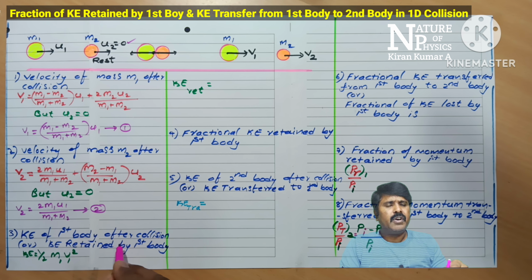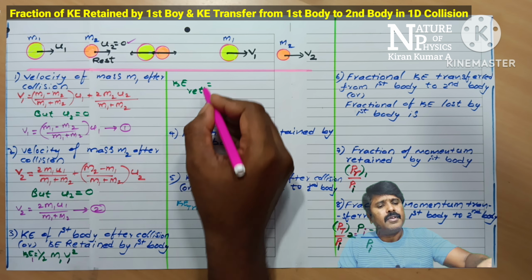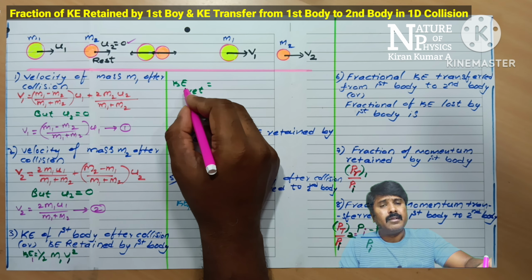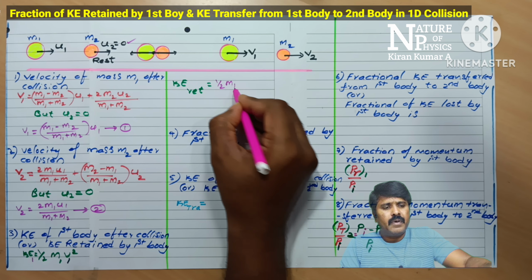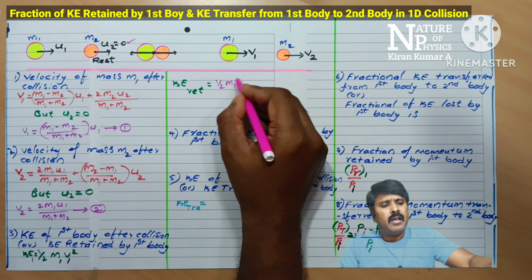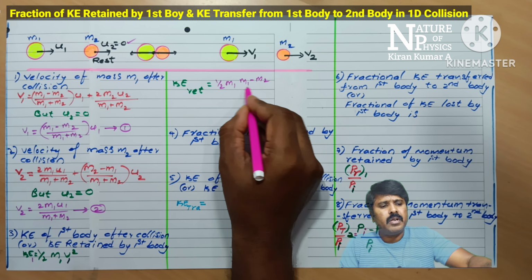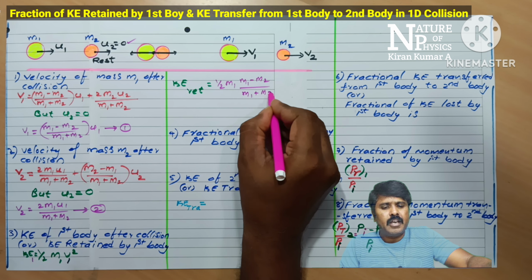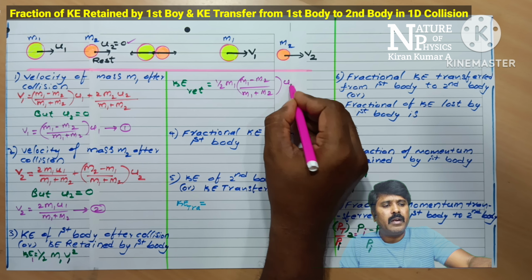The kinetic energy of the first body after the collision, KE, is equal to 1 by 2 m1 v1 square, student. So this is the first body's kinetic energy after the collision. Replacing the v1 value, the kinetic energy retained by the first body after the collision is 1 by 2 of m1, where v1 is (m1 minus m2) divided by (m1 plus m2) of u1, whole square.